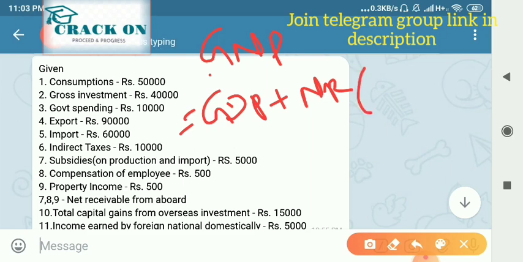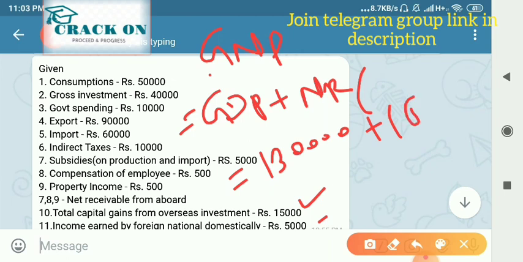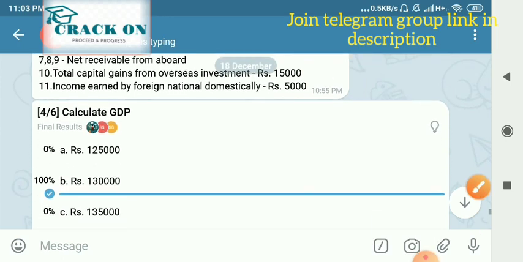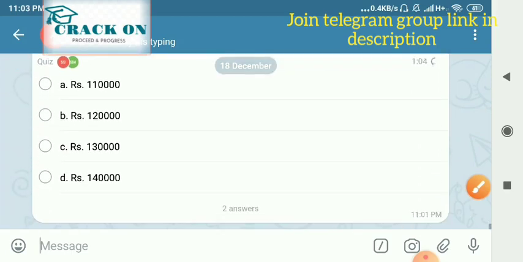So how much GDP? 13 lakhs plus 15,000 minus 5,000. So here the answer is 14,000, 1440, right? So which is the answer?